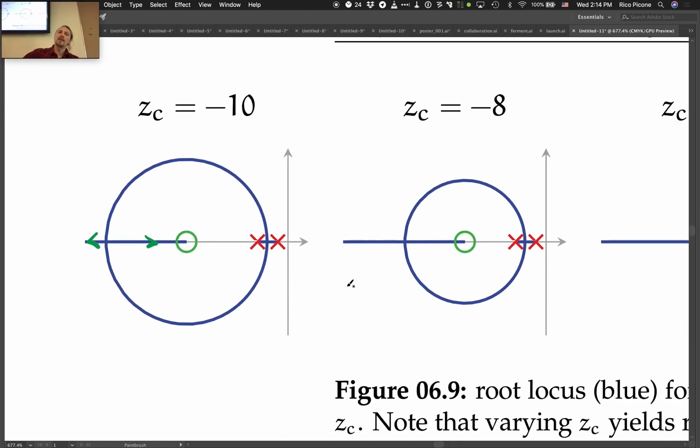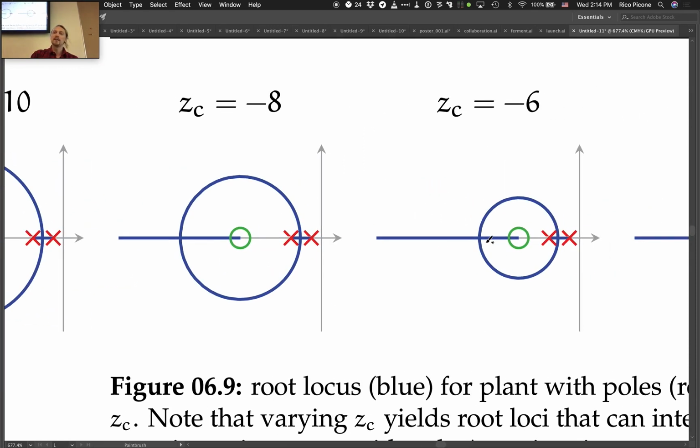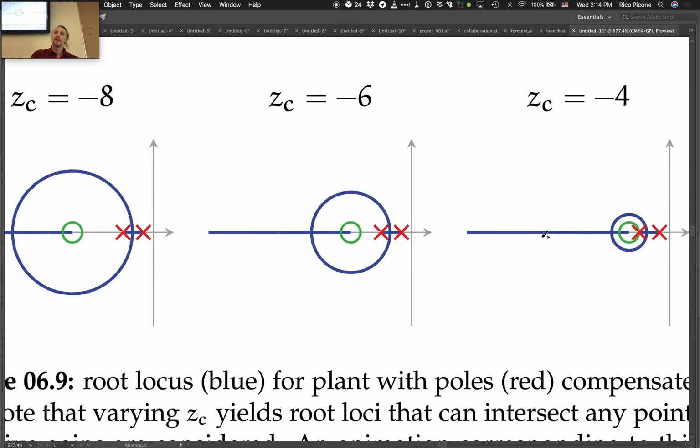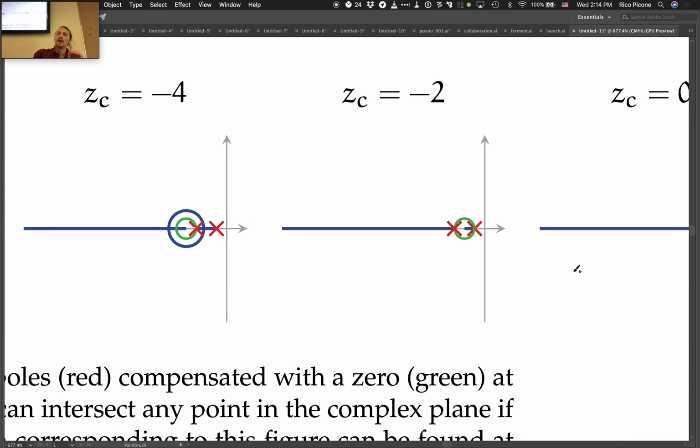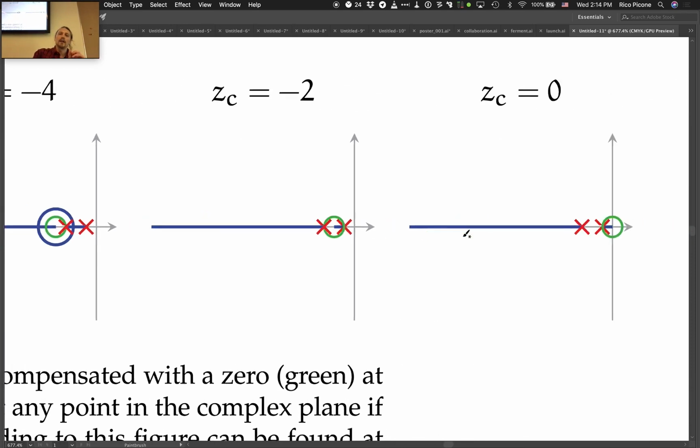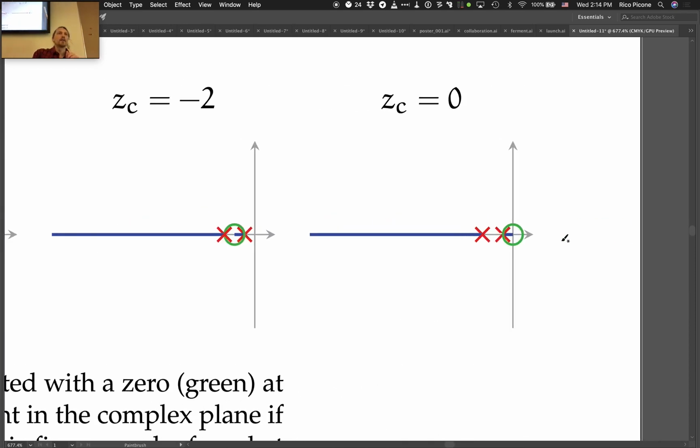If you change that zero location, it changes the diameter of this circle, right? Which is kind of nice to know. Down, down, down. As you approach more and more, that circle gets tighter and tighter until you cross over, and you can even go the other direction.